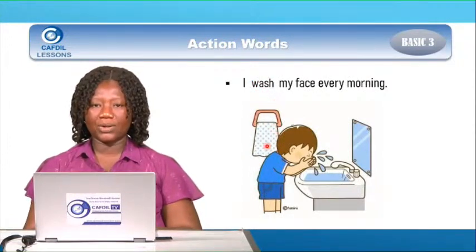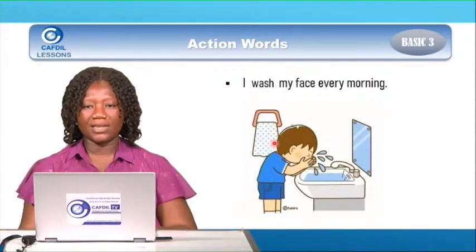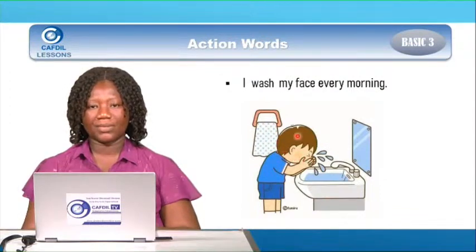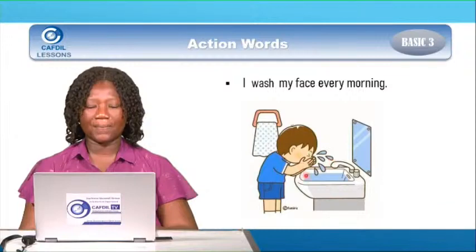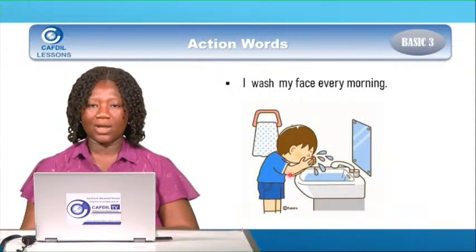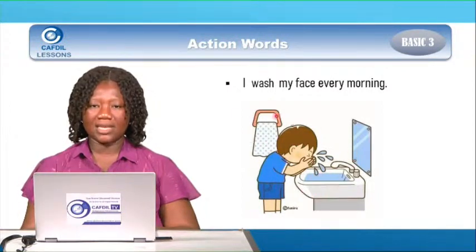There is an action going on here in the picture. What is going on? Someone is washing the face. So we want to form a sentence to describe the action that is going on.